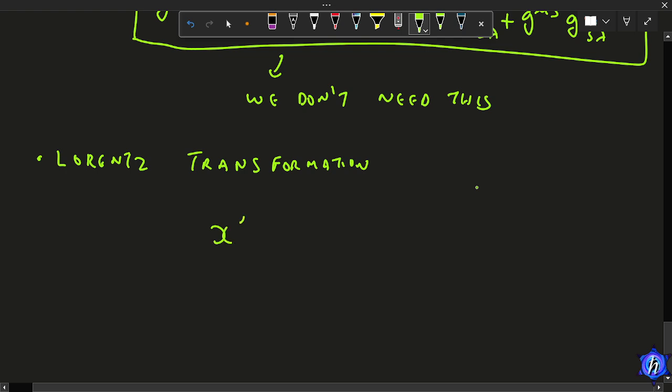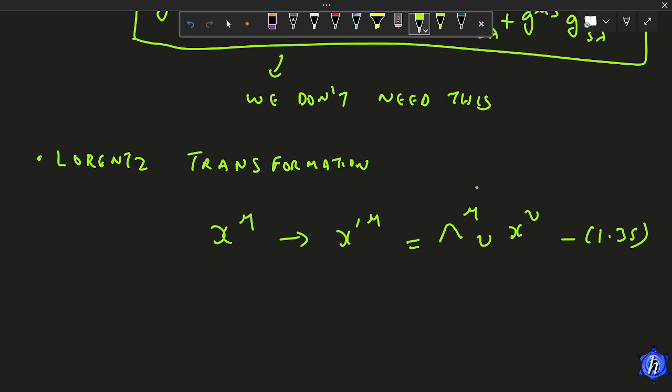If I have x mu as the position 4 vector, I can transform it to some other coordinate system using this particular rule. This is equation 1.35. So I have a 4 vector in this coordinate system and I make a transformation to some x dash coordinate system. This would be my rule.